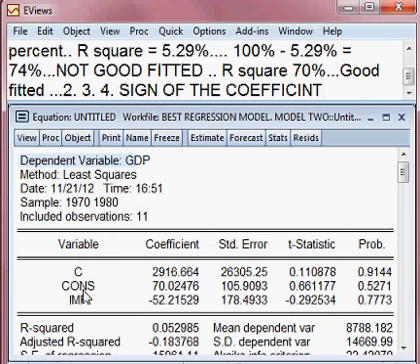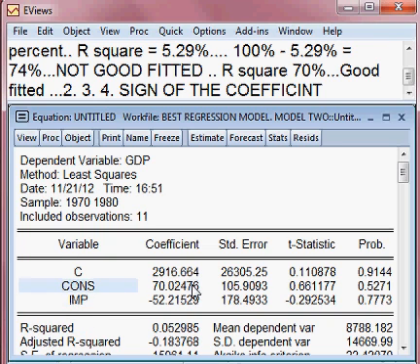First I check consumption, and the sign is positive. What does it mean? If the consumption goes up by 1 unit, on average GDP would go up by 70.02 units, provided the other independent variable, import, is constant.